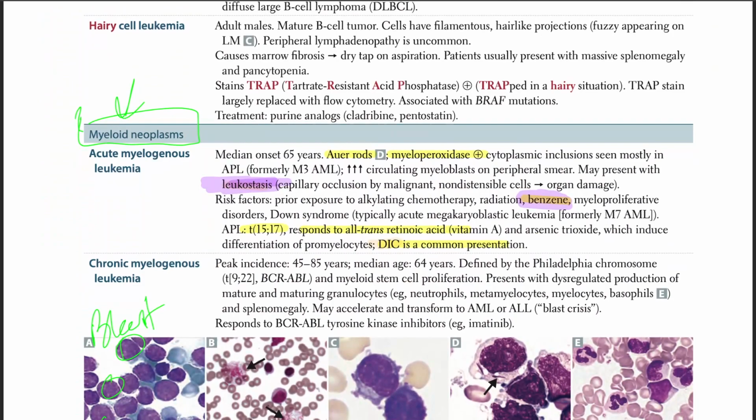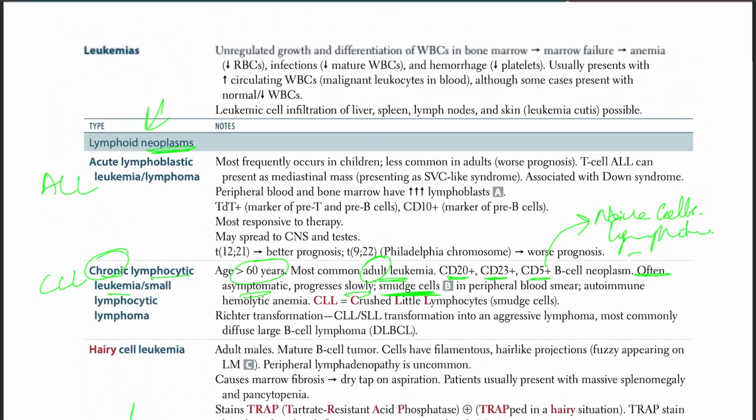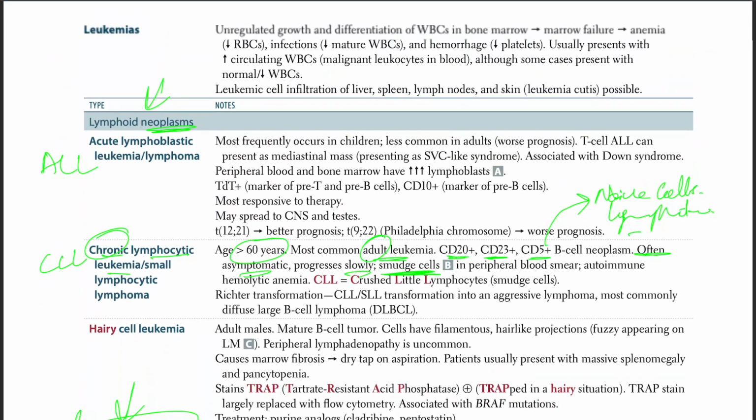And look, increase in lymphocytes as well. Okay, an autoimmune hemolytic anemia. CLL, crushed little lymphocyte, smudge cell. That's a good one actually. Crushed little lymphocyte makes the formation of smudge cell. Just to remember it.